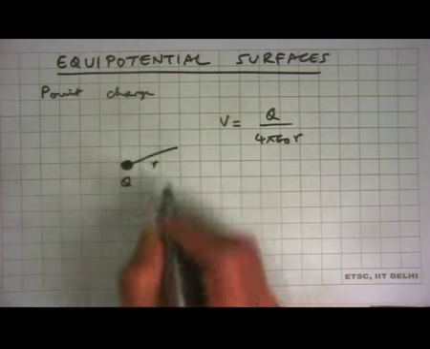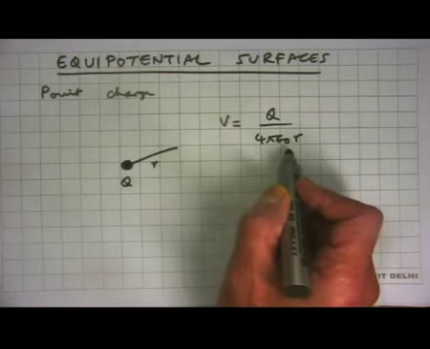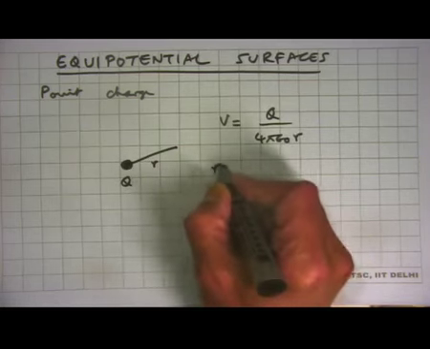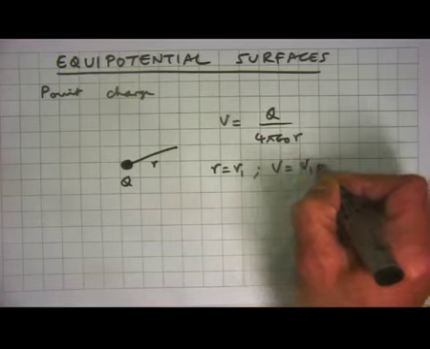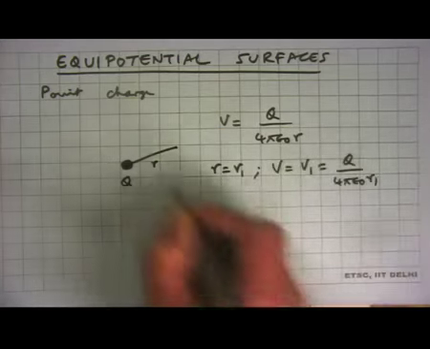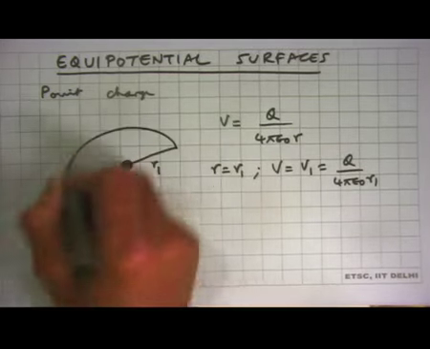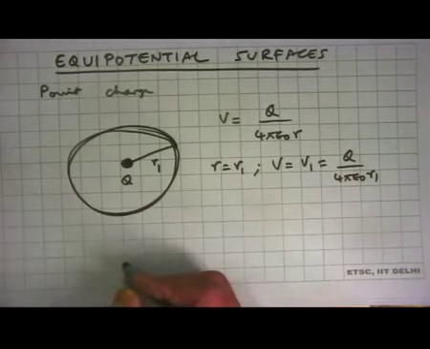If you take points which are at the same distance from the point charge, they will have the same potential. For example, at r equal to r1, V is V1 equal to q by 4 pi epsilon 0 r1. So, if you take a distance r1 from here, all points on the sphere are equipotentials.